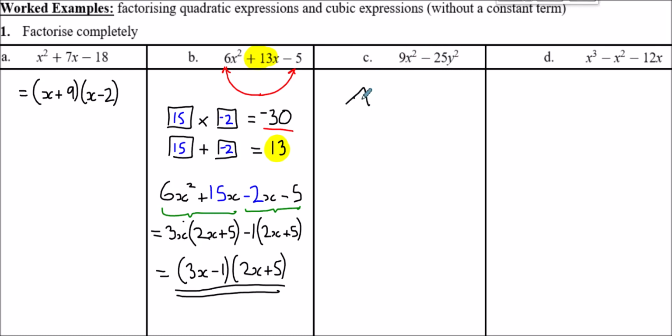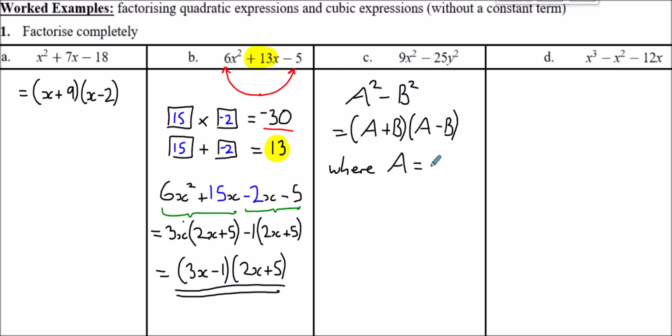This is an example of this thing here, a squared minus b squared. This is the general formula, by the way, of difference of two squares. It's always a plus b, a minus b, where in our case, a is this thing here square rooted. Square root of 9 is 3, square root of x squared is x, and our b is the square root of all of this.